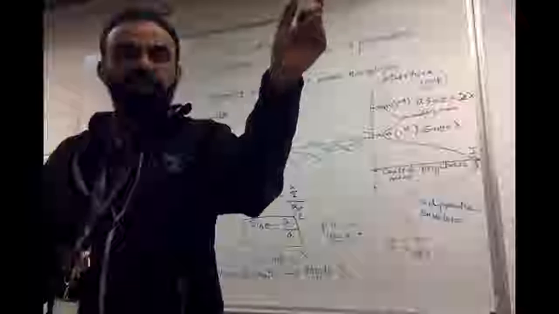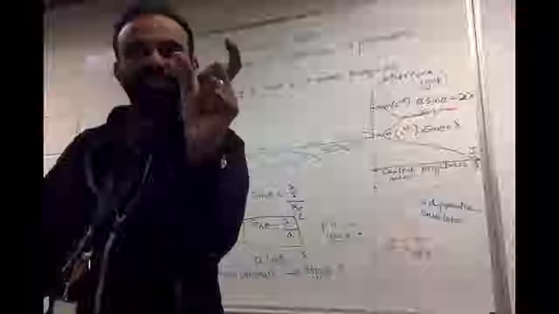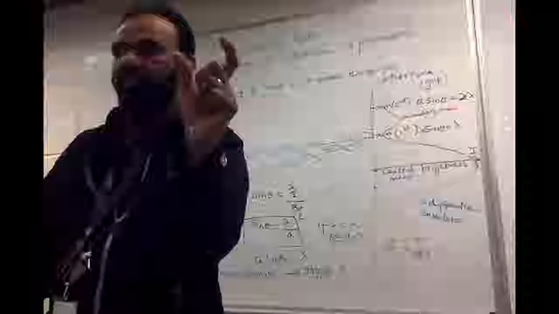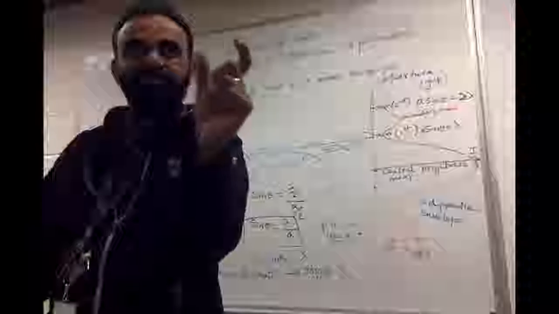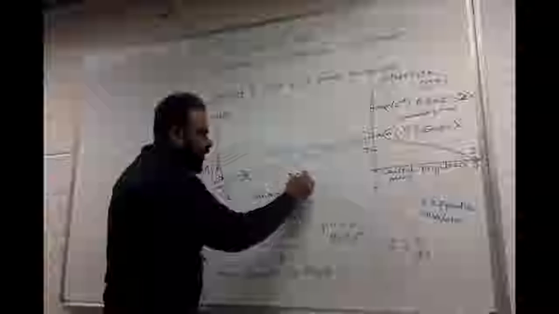So, how far do you think that first minima appeared on the wall? Say 5 centimeters? Yeah, it was like 5 centimeters on the wall. And from here to the screen is 5 meters. What do you think is the angle then?